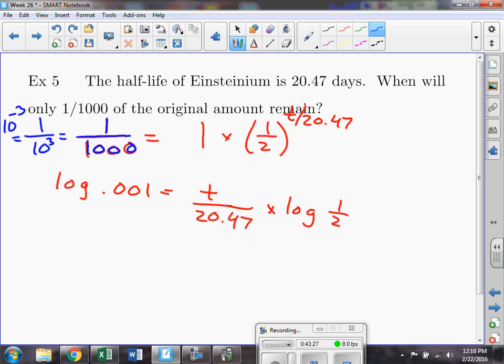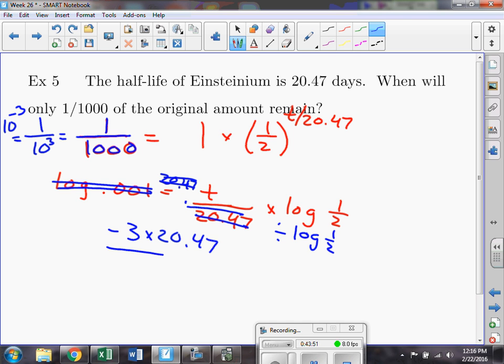So we recognize that this whole piece right here is just the number -3. So when we multiply by 20.47 to cancel, and we divide by this logarithm, we get something we can type into our calculator and get the value.